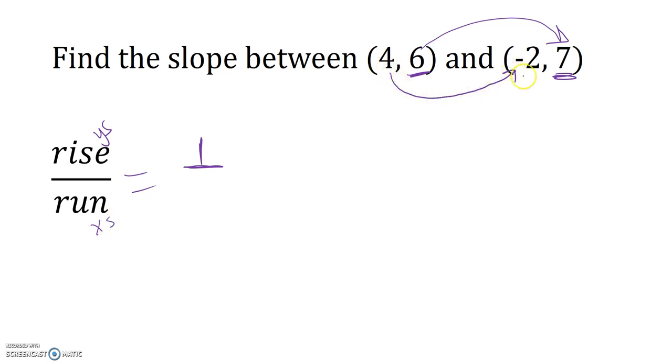I start at 4 and go to -2. So that means I'm going down. The distance between 4 and -2, well, 4 and -2 are 6 apart. So it would be 1 over -6, which we just say is the fraction -1/6.